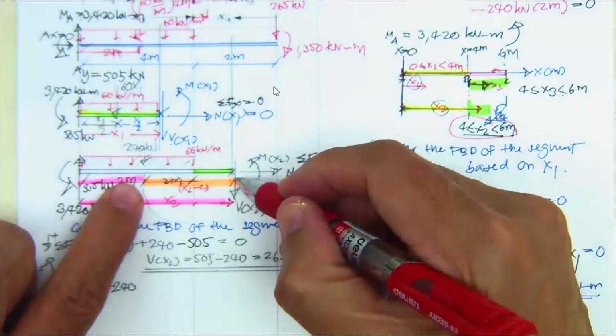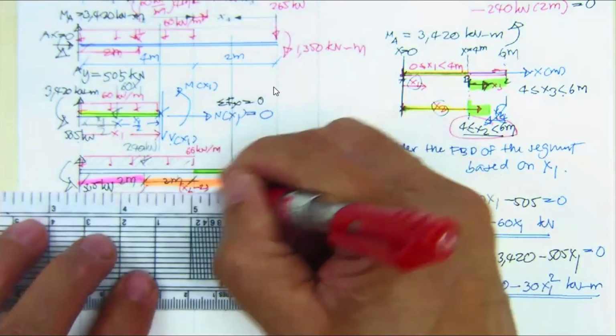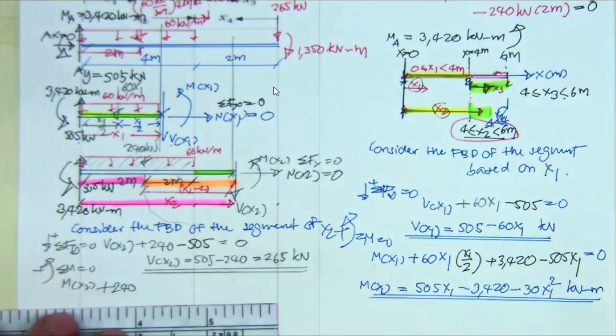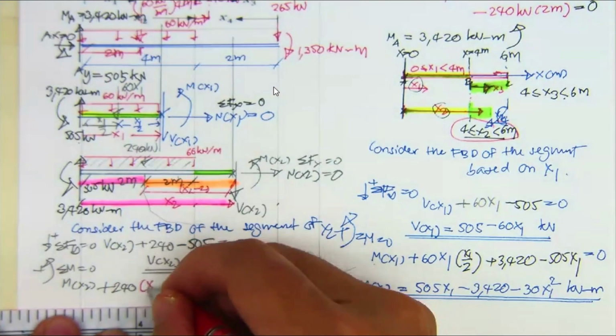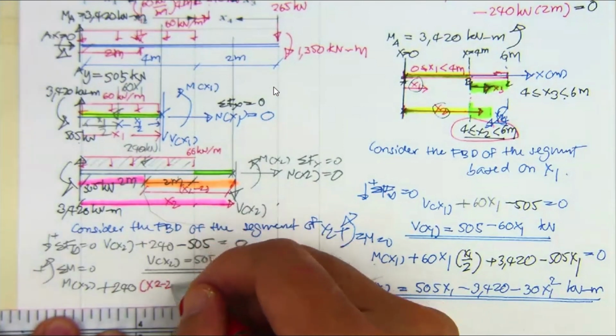The distance from here to here is going to be x2 minus 2.